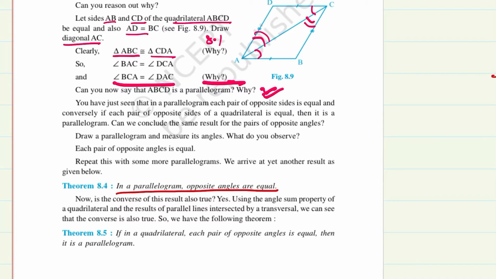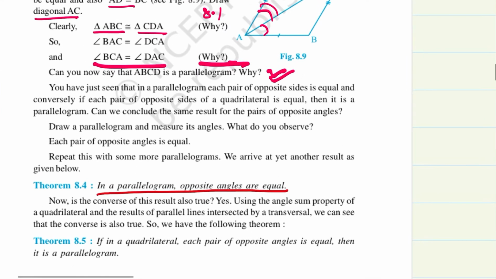So both these angles are equal, proving that the two lines are opposite and parallel to each other, which proves it is a parallelogram. So you just see that in a parallelogram, each pair of opposite sides is equal, and conversely, if each pair of opposite sides of a quadrilateral is equal, then it is a parallelogram.